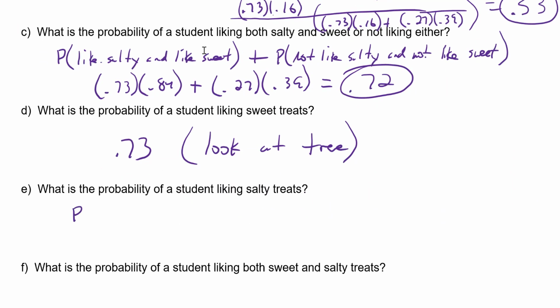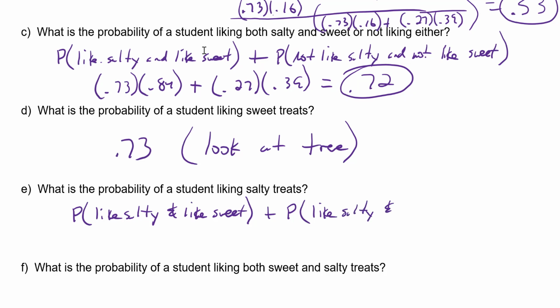It's the probability of like salty and like sweet plus the probability of like salty and not like sweet.